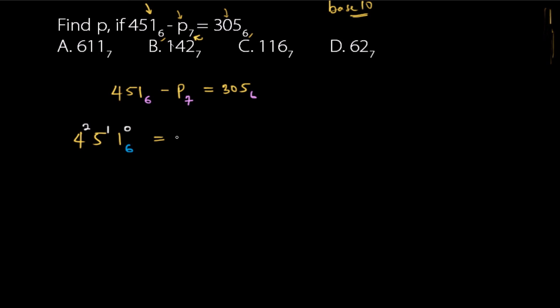The next thing we do is convert this to base 10. This is going to be 4 times 6 raised to the power 2, plus 5 times 6 to the power 1, plus 1 times 6 to the power 0.